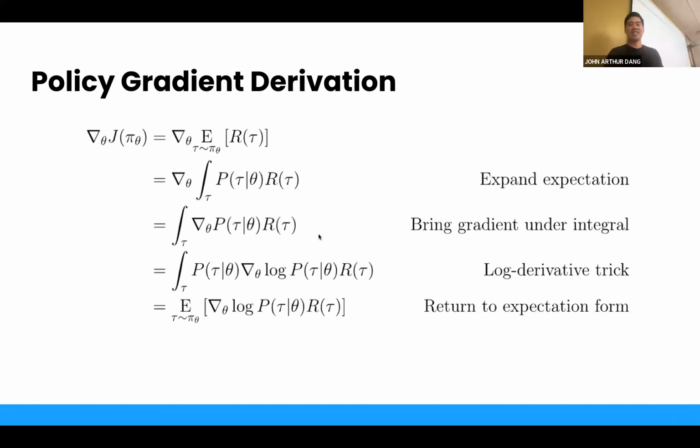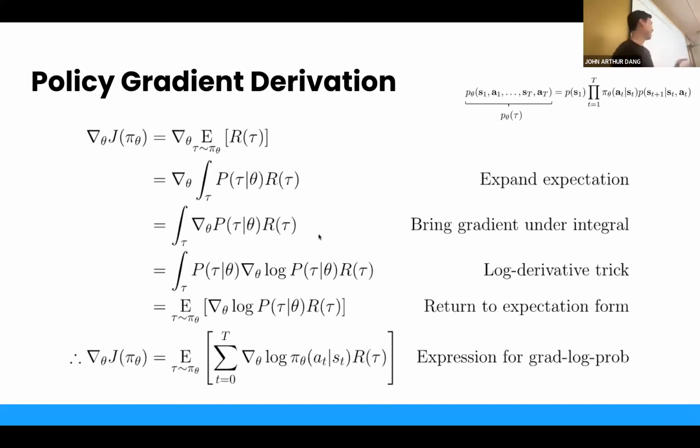Okay, this last step, just don't freak out. Recall that the probability distribution over your trajectory is this term here: your initial state multiplied, for all time steps, by your policy times each transition distribution.